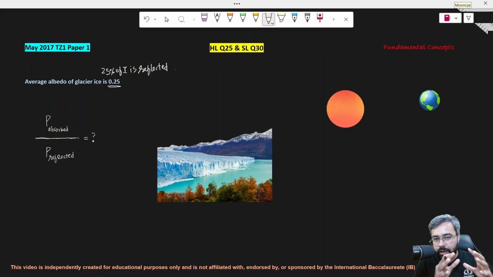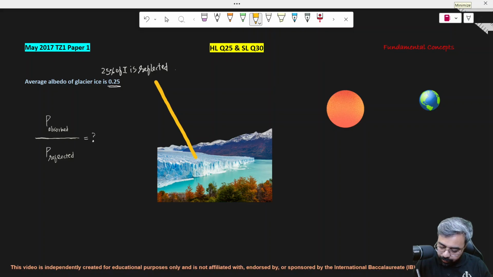So I will give you a little background of the power. If our sun is so hot that its core temperature is 15 million degrees Celsius and its surface temperature is 5500 degrees Celsius, then why does it not burn the earth? What actually happens when the intensity of the light of the sun that is incident is I? How much is reflected? 25% is straight reflected, which means it is 0.25 I. And then how much is absorbed?